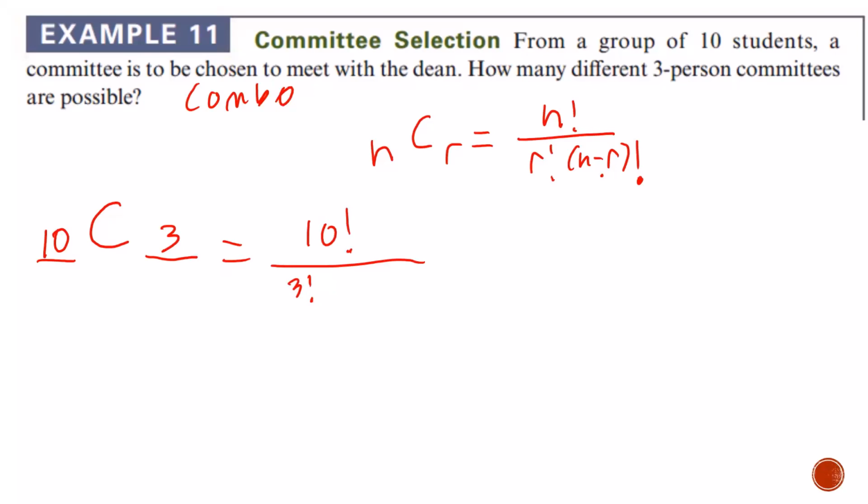What's R? 10 and 3. So notice this is the difference of those two. So the other factorial is, everybody, 7.